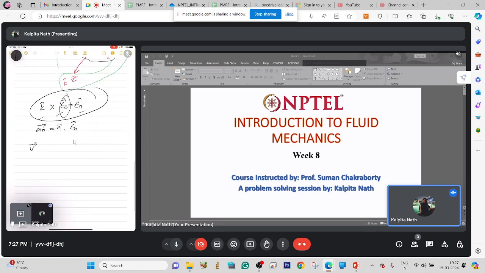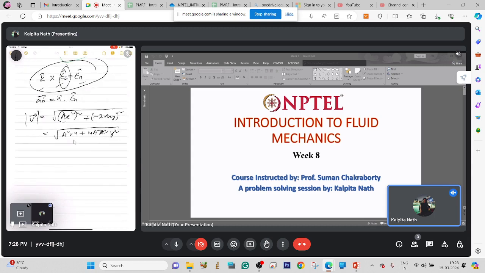So first we need to find v vector mod, that means the magnitude of v vector, that is the square root of ax square whole square plus minus 2axy whole square. That will give us root over a square x to the power 4 plus 4a square x square y square.